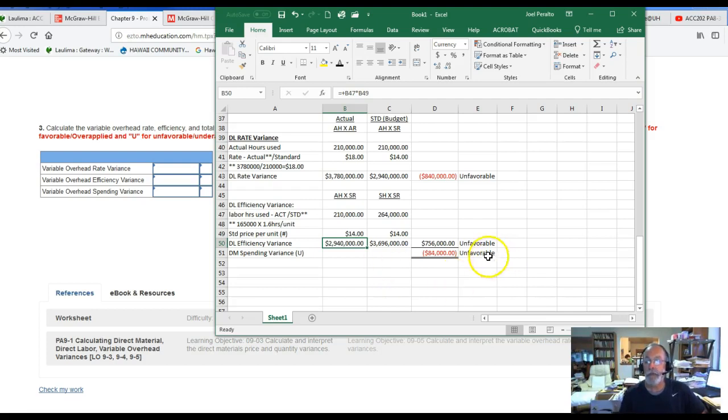So it appears that our direct labor efficiency variance is favorable.